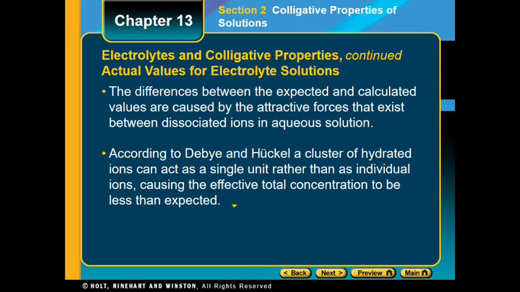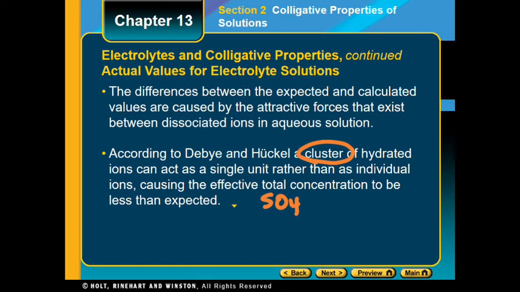So in the previous example, when we looked at it, this cluster of hydrated ions, that's that SO4 cluster we were looking at. So even though its value of N is 2, it acted more like the KCl.